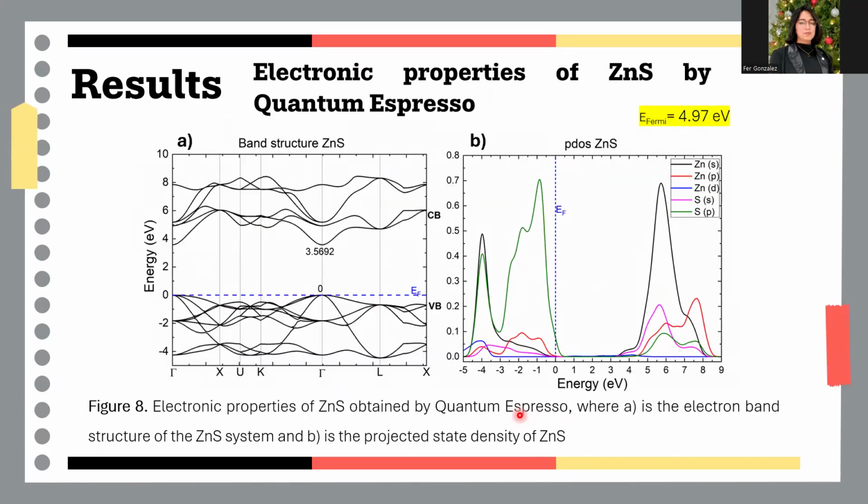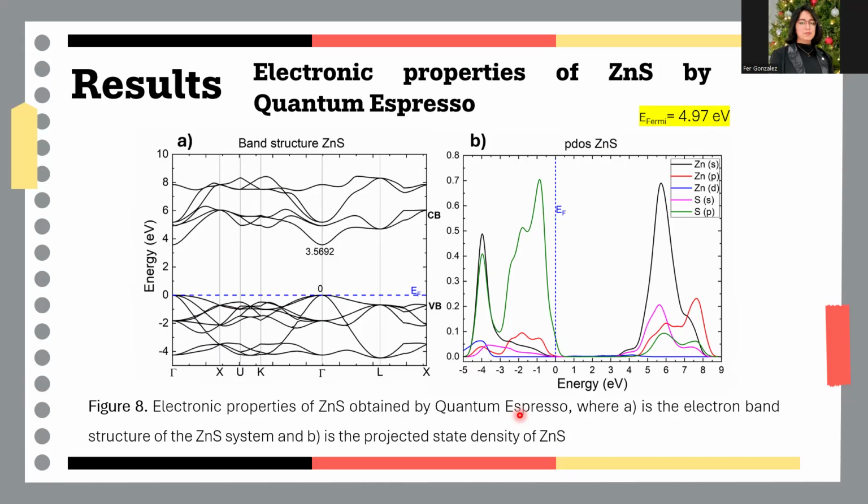As a result, first we have the electronic properties of zinc sulfide by Quantum Espresso. The results obtained are shown in figure 8. 8A shows the electronic band structure where the valence band and the conduction band are distinguished.